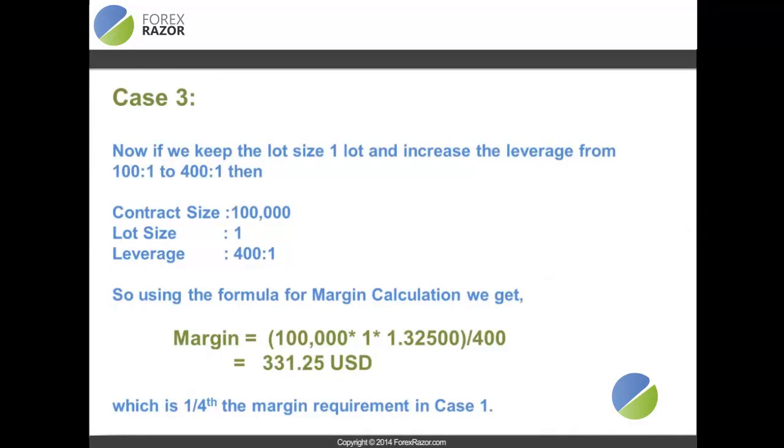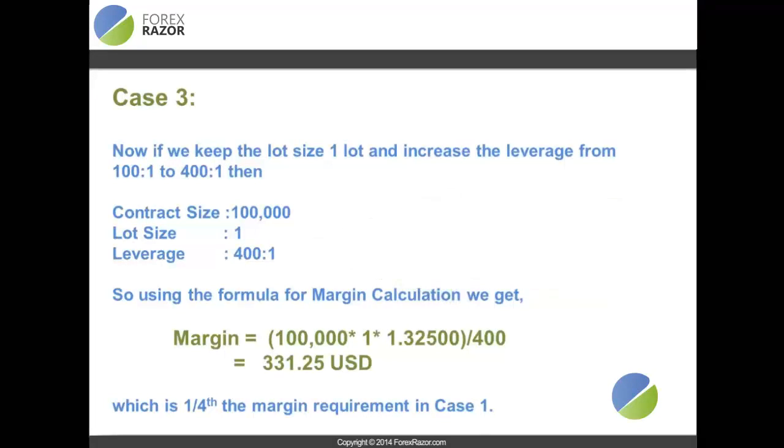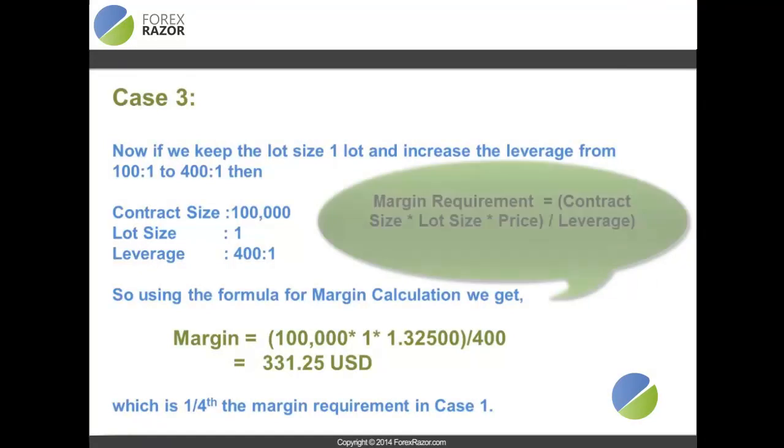Now, if we keep the lot size 1, the same as was in case 1, but increase the leverage from 100:1 to 400. So our trade position is the same of 1 standard lot, but the leverage has been increased 4 times to 400:1. So using the formula for margin calculations, we get that margin is equal to 100,000 times 1 times the price, that is the open price of the order, the product of that divided by 400, which is the leverage in this case.